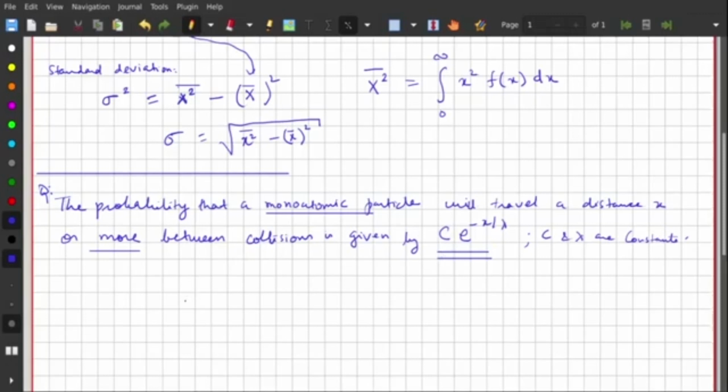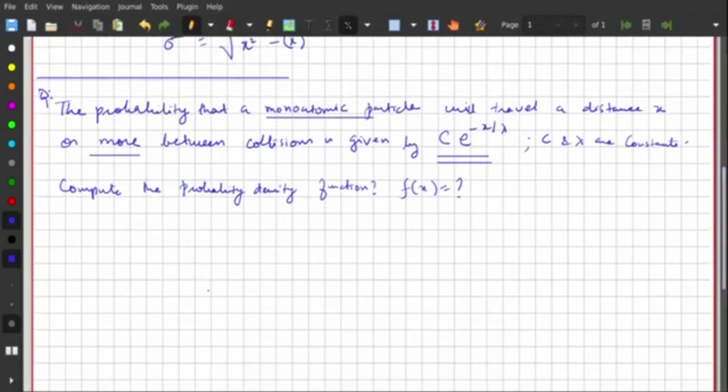So the question is, compute the probability density function. That means we have to find f(x). Let's see what we are given.